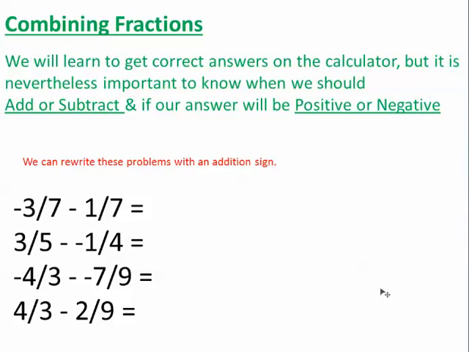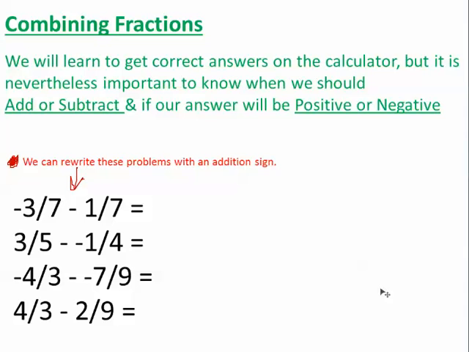This idea of being able to write a problem with either a plus sign in the middle or a minus sign in the middle, depending on how I care to write it at the time, or maybe depending on what the situation is that I'm writing the problem about, I can write it with plus or minus. So I just thought I'd take a second just to point that out and show you that we can write all of these problems with a plus sign.